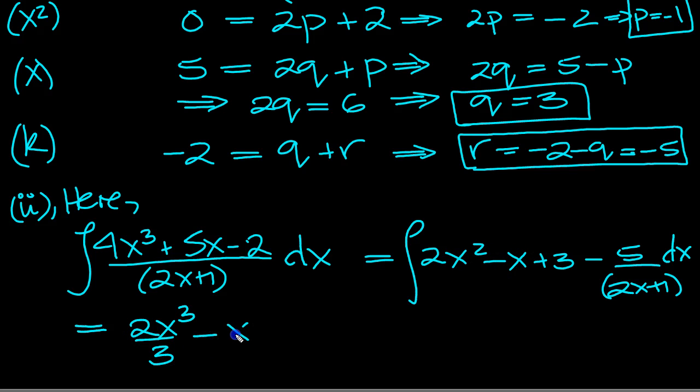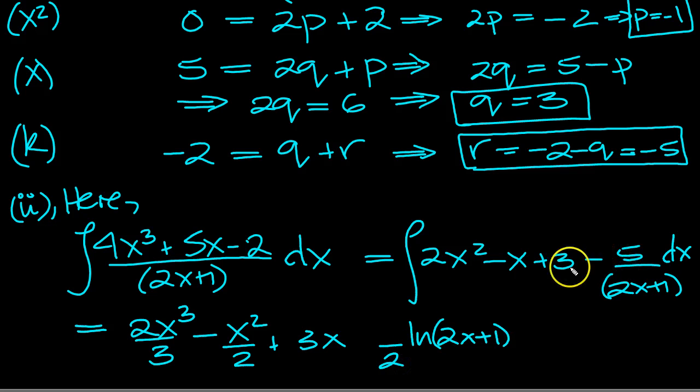Minus x squared over 2, raised to the power by 1, divide by that number, plus 3 lots of x for here. This is a log, so I'm just going to write log of (2x plus 1) first. Log of something, let's differentiate this in our mind's eye. Log of something goes to 1 over something, which is what we've got here, multiplied by the something differentiated. And this differentiates to 2, so 2 will come out here, so we'll need a 2 underneath. We've got minus 5 lots of that, so let's put that in as well, plus k. And there's the integral.